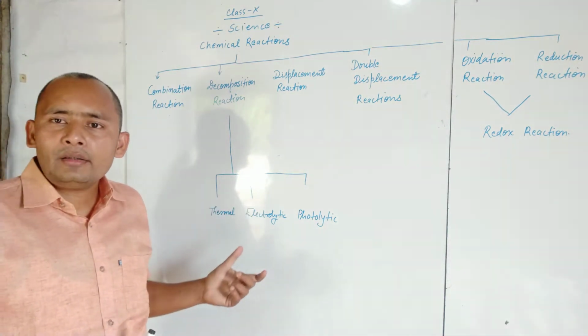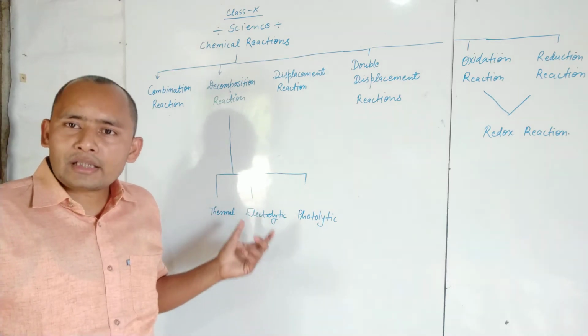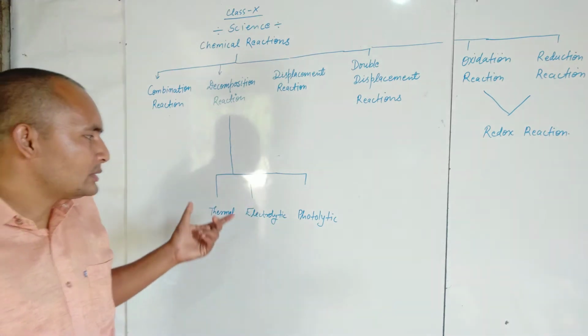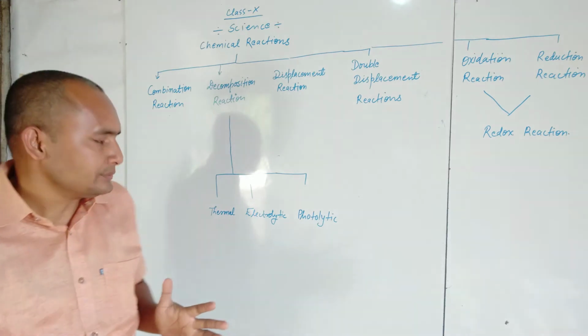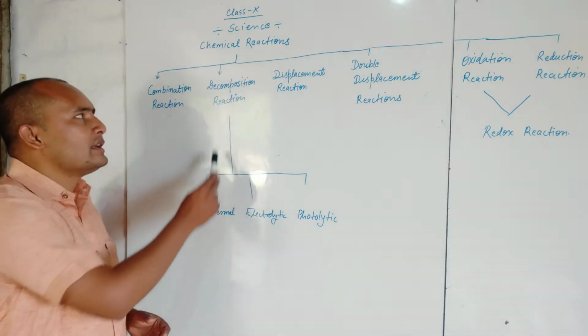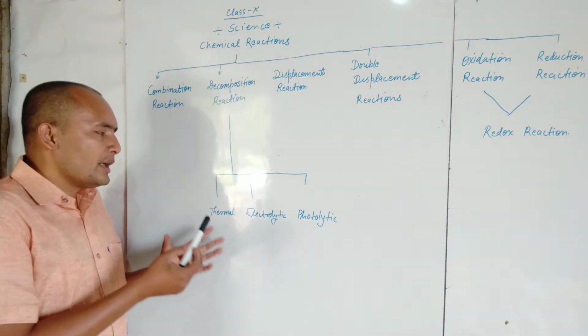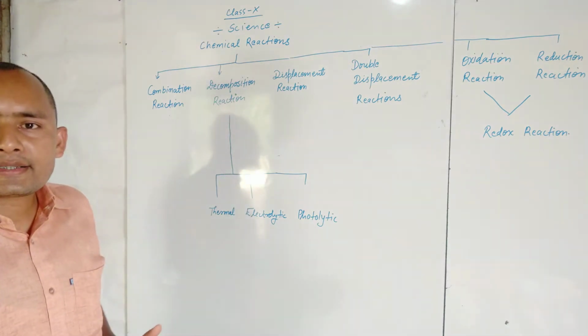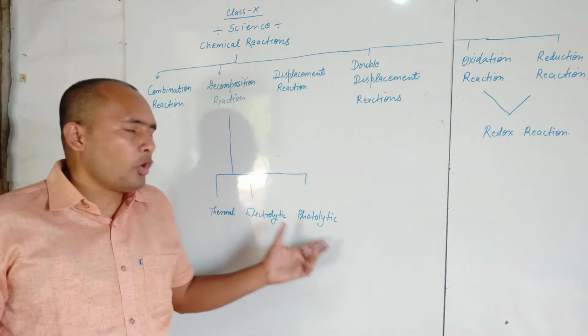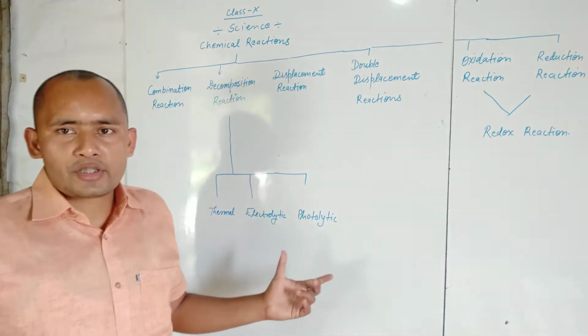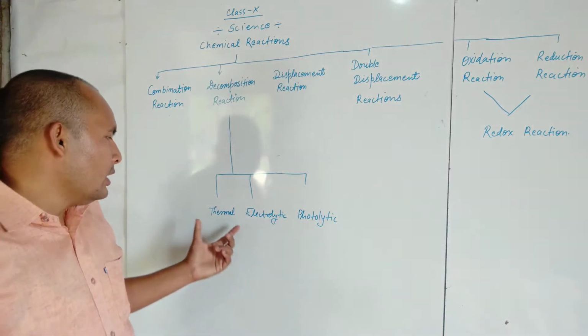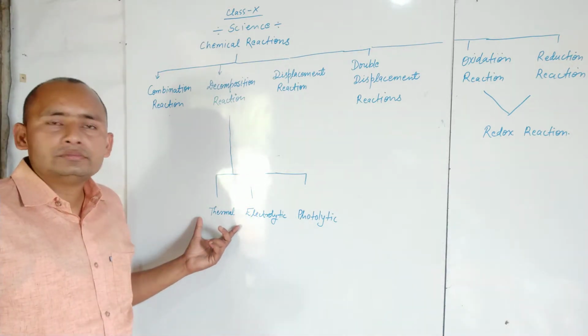Decomposition reaction has been further classified into 3 subcategories: thermal decomposition reaction, electrolytic decomposition reaction, and photolytic decomposition reaction. What is thermal decomposition?